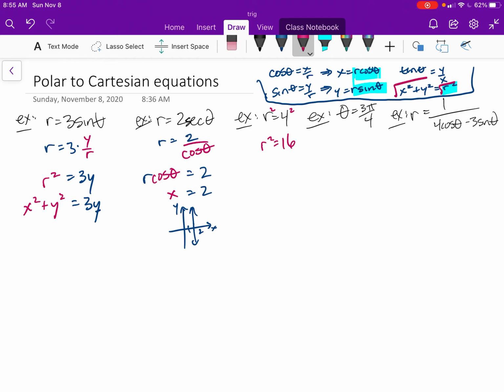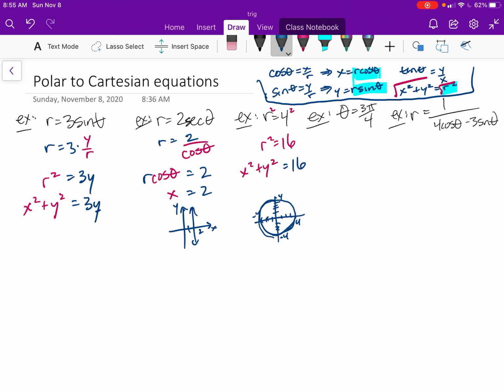Now, r squared is x squared plus y squared. And therefore, this I recognize as a circle centered at 0, 0, and the radius is 4, since it's x squared plus y squared equals r squared. Very rough looking circle, but there you go.